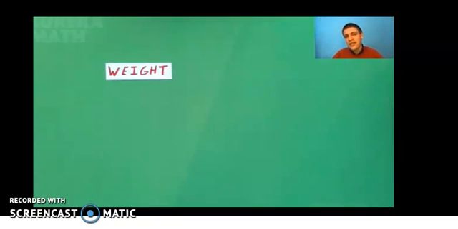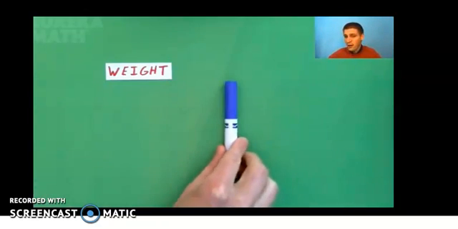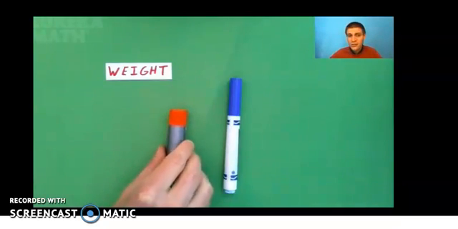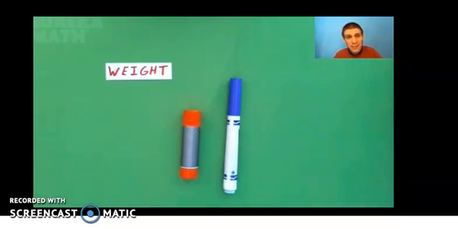I listened to my friends over here, and one of my friends said, this marker is about the same weight as this glue stick. When I put them in my hands, it is really hard to tell which one is heavier and which one is lighter.